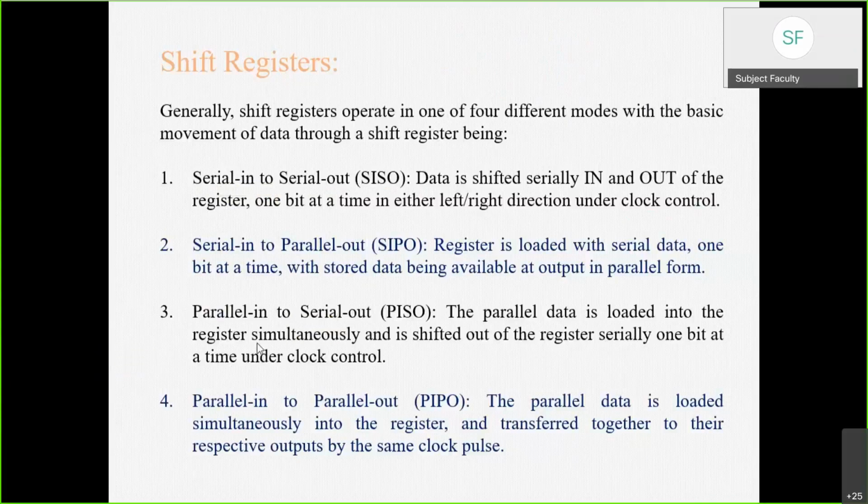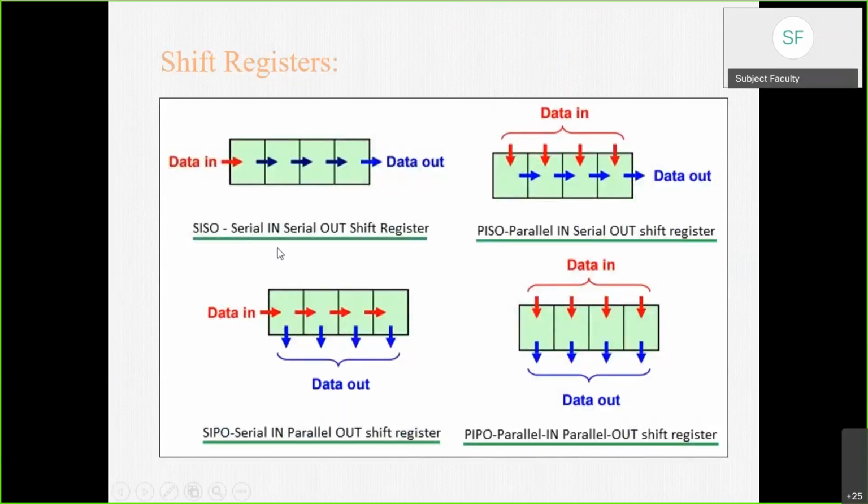I think we have one diagram over here. Yes. So you can observe here, this is the case of a serial in, serial out shift register. So let's say it is a 4-bit shift register. So a 4-bit shift register will store 4 bits, right?